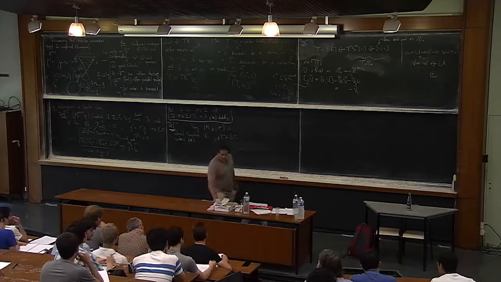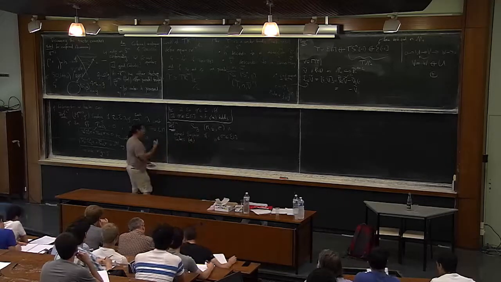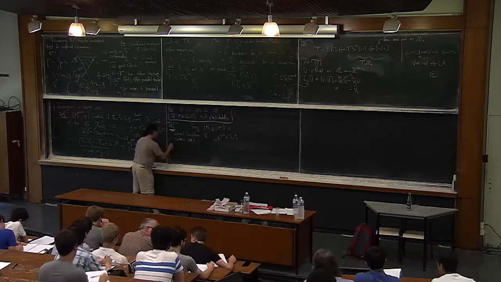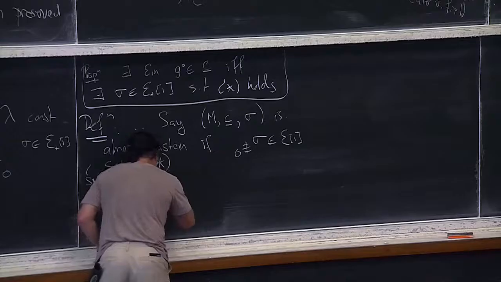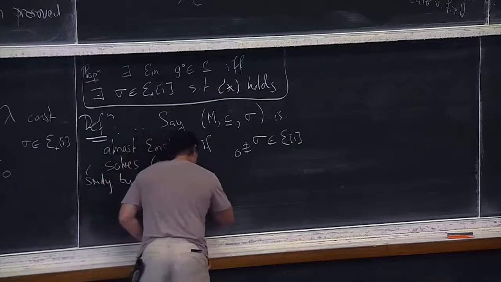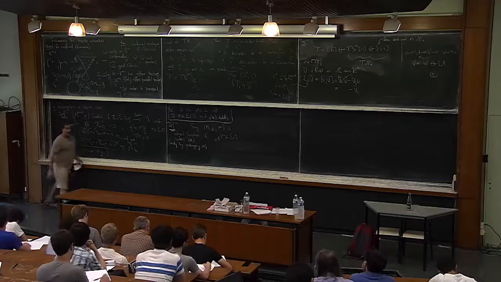Okay, so now I want to study this by prolonging star. Let's forget our objective for a second and just say we were interested in this equation, which is an overdetermined linear PDE.